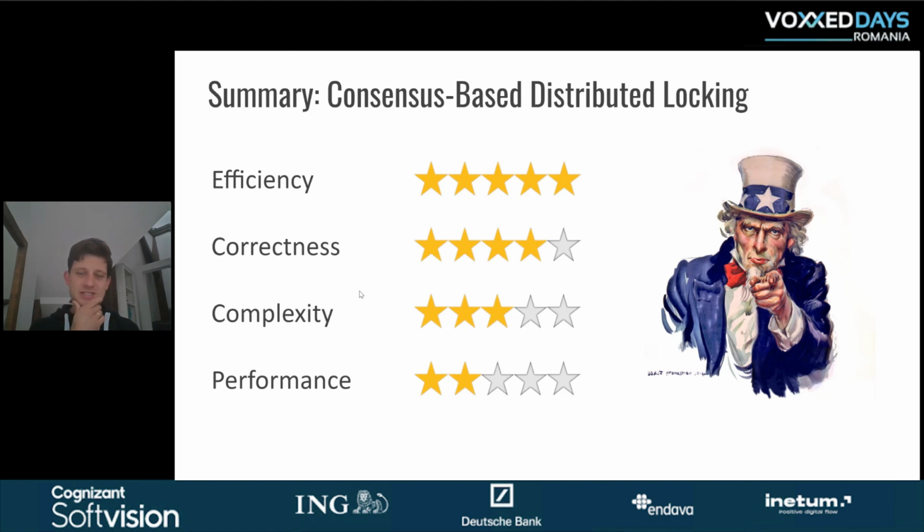The complexity is somewhere in between, and the performance is somewhere in between. You see so many people using it, but still remember it's not 100% correct, because of the case where one process is blocked for a long time. You may say, okay, it will not happen, but it may happen. Things happen.